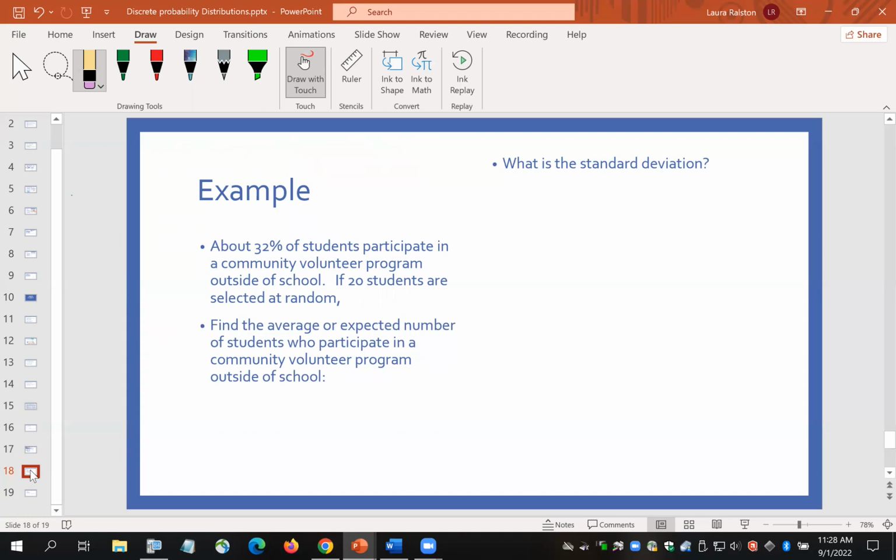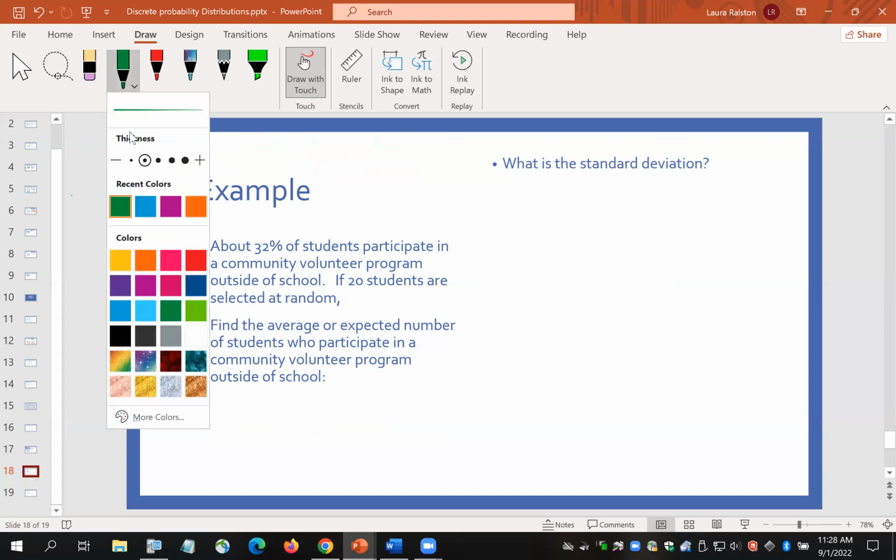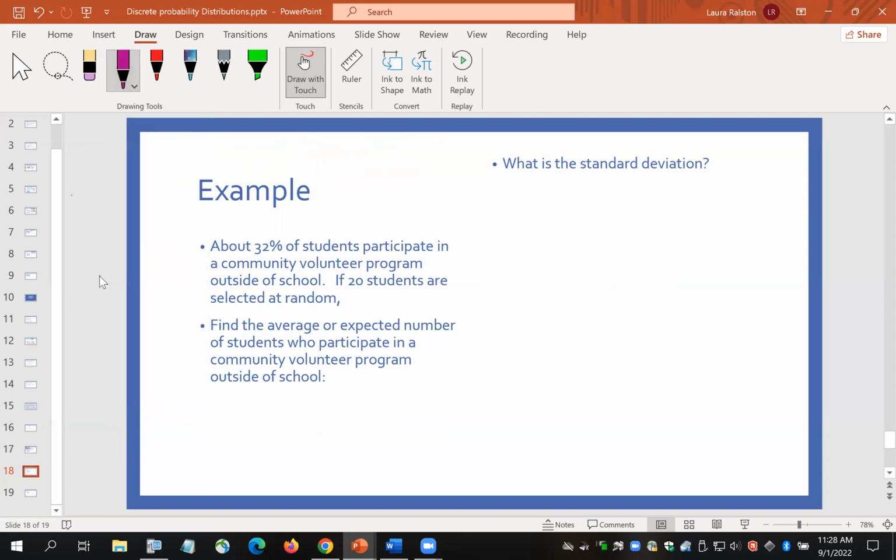So I have the same example here about the community volunteer program, and I have the question, find the average or expected number of students who participate in a community volunteer program outside of school. The question itself uses those words, average or expected number, but what they're really asking you for is the mean.